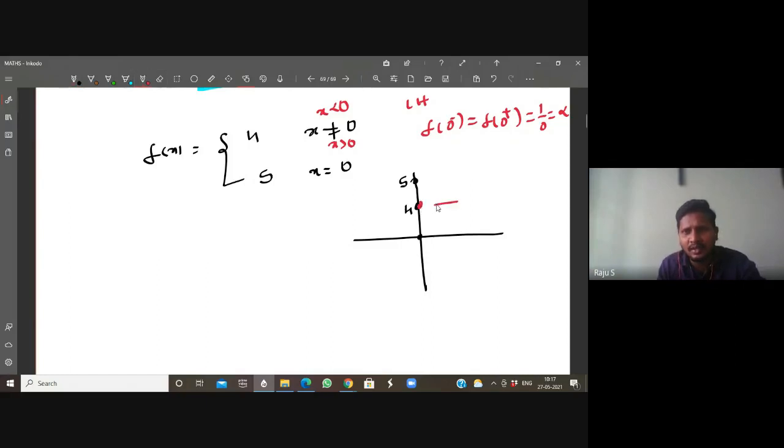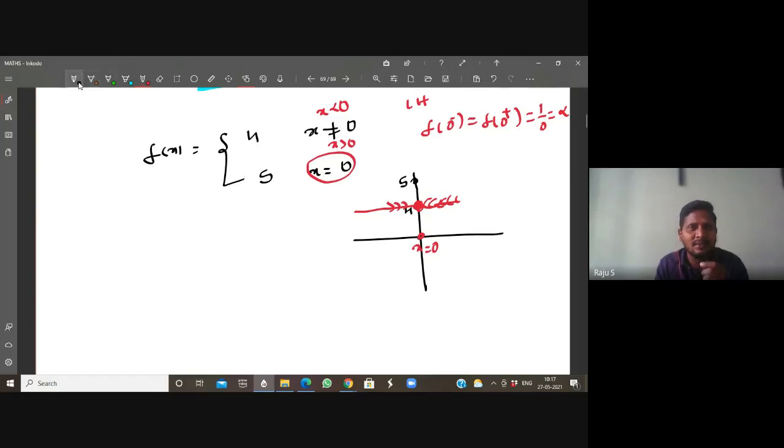So what is meant by this? From the right hand side it will approach 4, and from the left side it will also approach 4 finally. So both will coincide. The left hand limit and right hand limit will be the same at x equal to 0, both will be equal. But what about at x equal to 0?